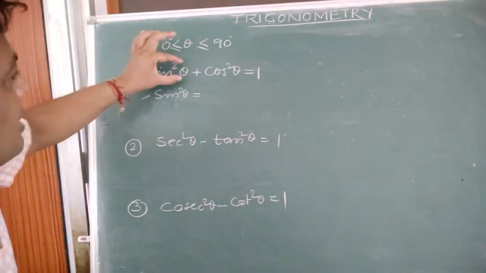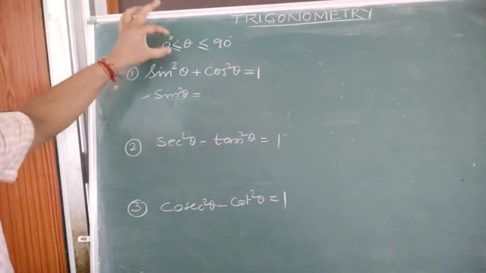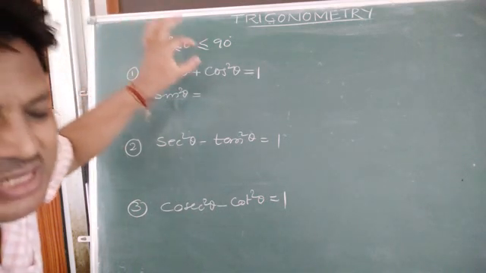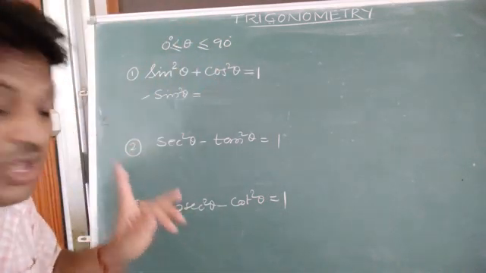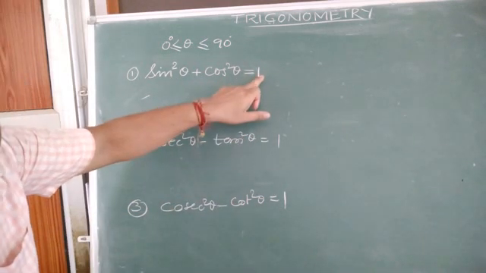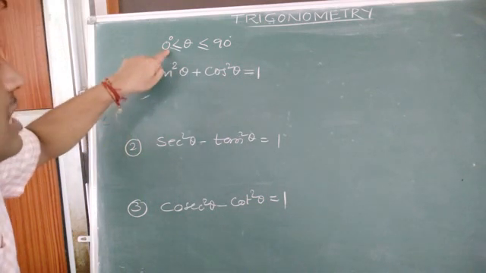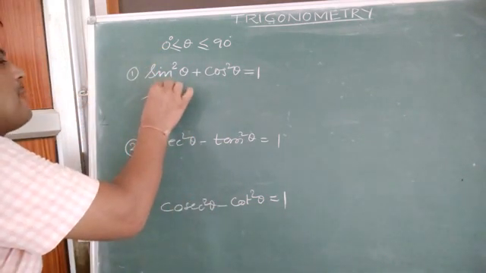If you put in place of theta either 0, or 30 degree, or 45 degree, or 60 degree, or 90 degree, you will get the right hand side. For example, children, if in place of theta we take 0 degree, so what will happen?